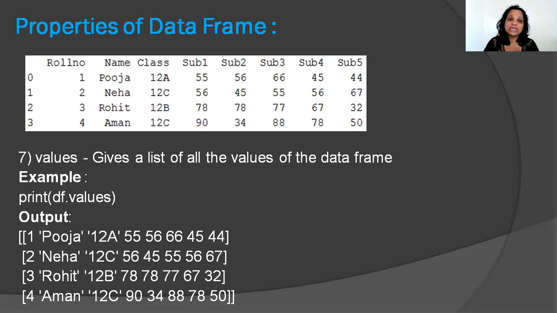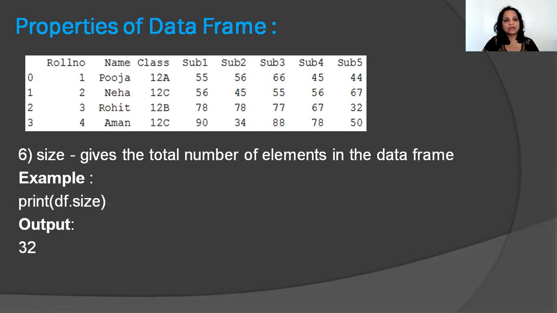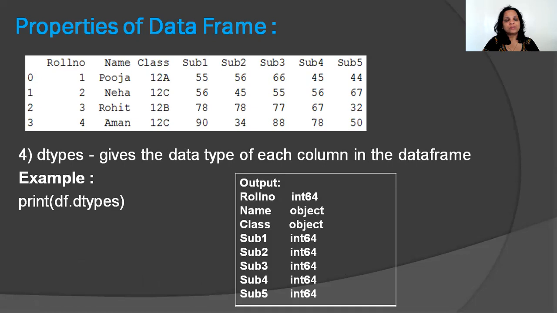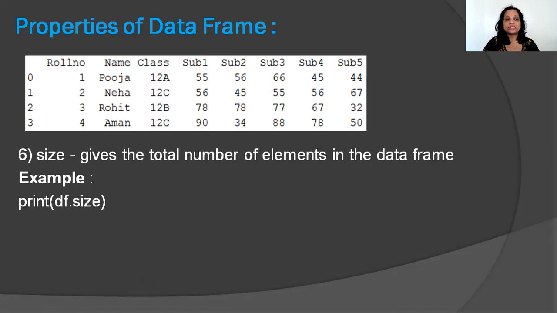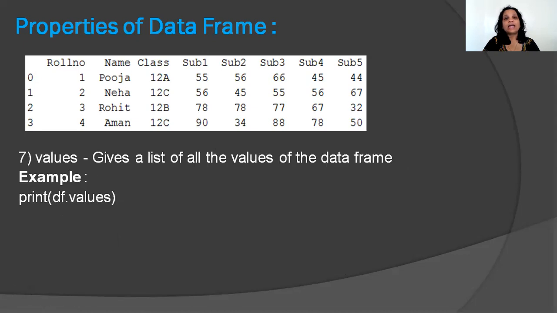Then you had size, which tells you how many elements you have. Then you had, okay, did we miss out something? dtypes, yes. dtypes, which tells you what the data type is, okay? And what's the data type? It's not just one, it's not a homogeneous structure, okay? So it's the data type of each column.